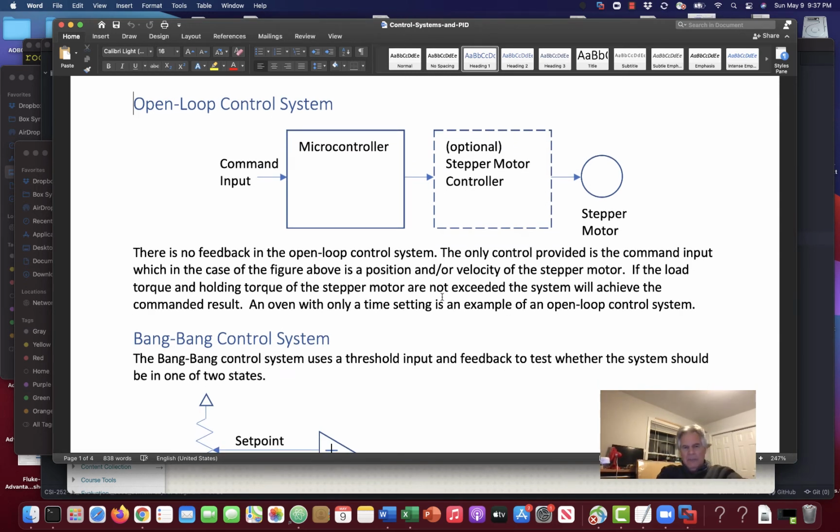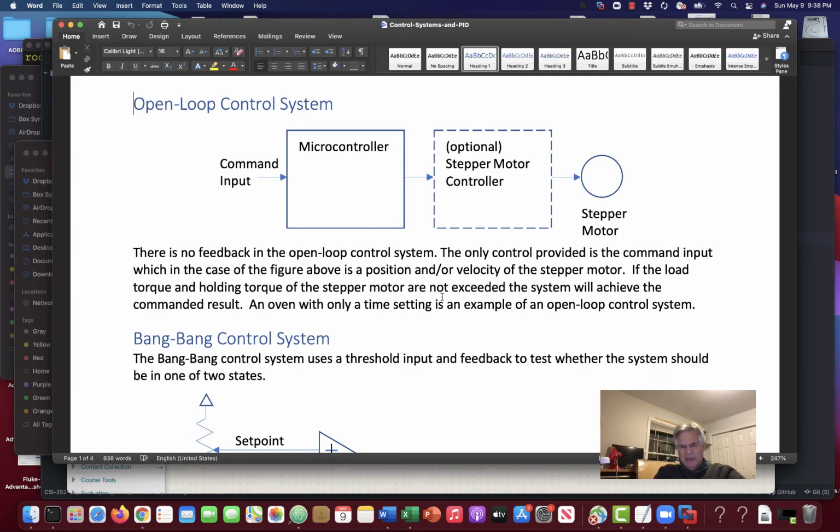You think about some kind of toaster that doesn't have any temperature control. What you're really doing is maybe setting a timer, like a microwave oven, where you say, I want 1 minute of full power. And it cooks the food for 1 minute, and then the bell rings. That's open loop. There's no feedback.